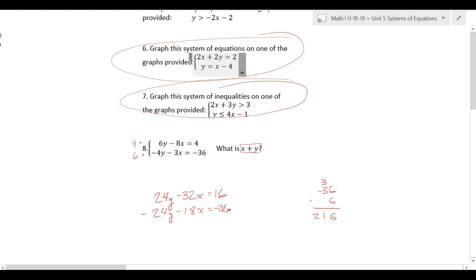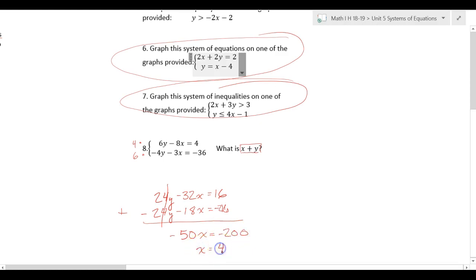There we go. Now, once I do this, I'm going to add my y's, they eliminate. Adding these two, I get negative 50x equals negative 200.